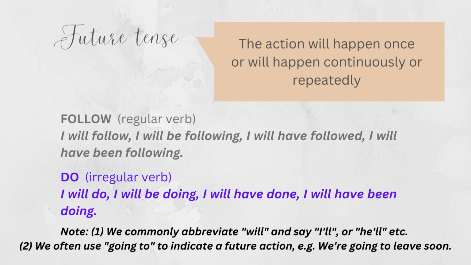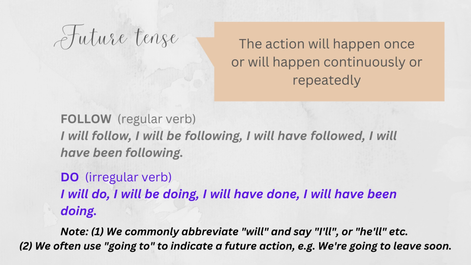In the future tense, the action will happen once or will happen continuously or repeatedly. Looking at the verb follow, its 4 forms of the future tense are I will follow, I will be following, I will have followed, I will have been following. Now let's look at each of those and have a look at the difference between them.